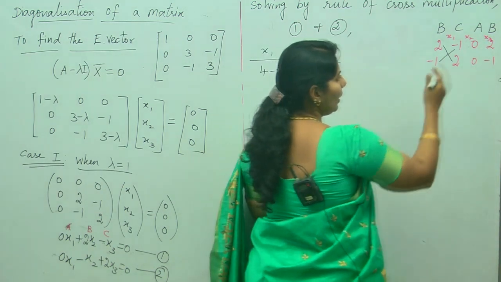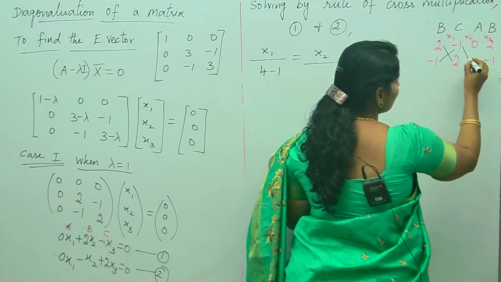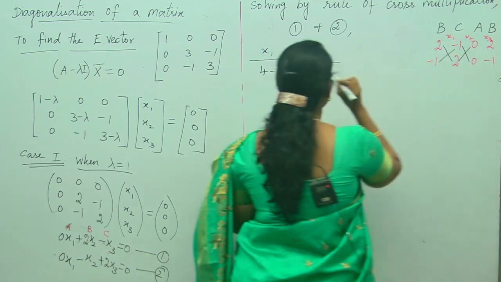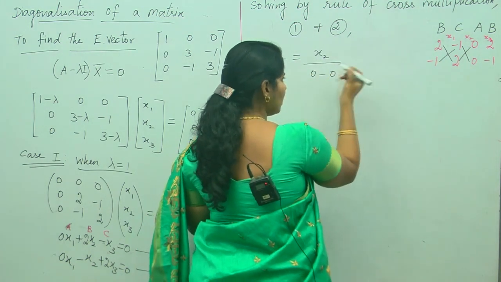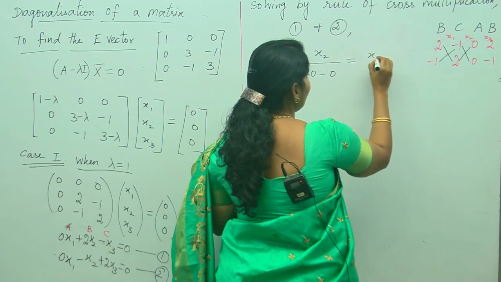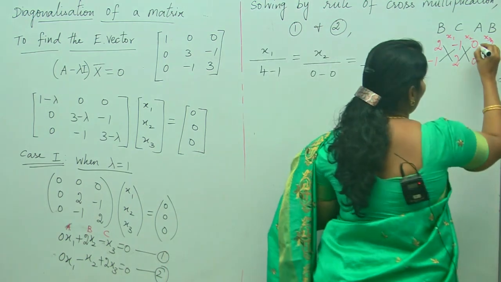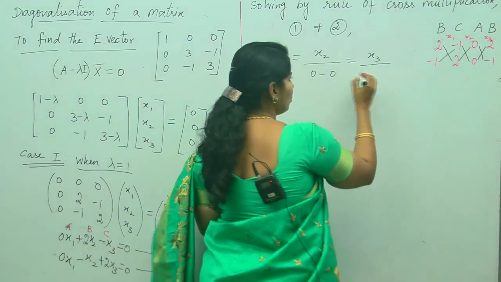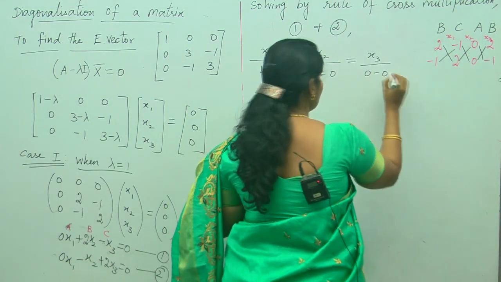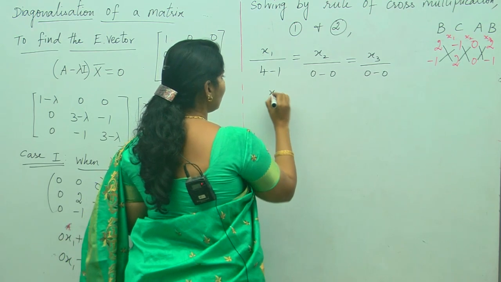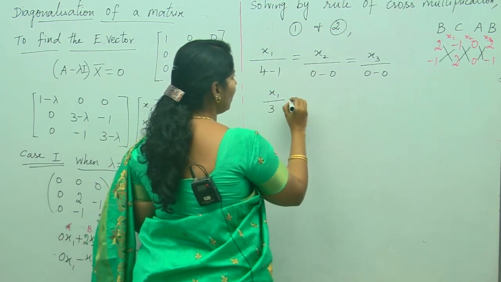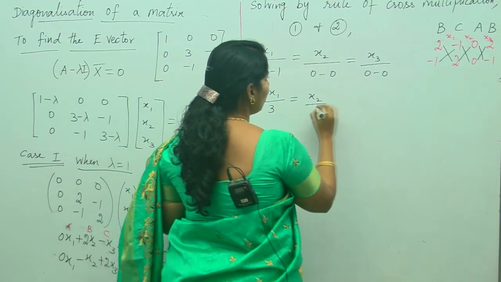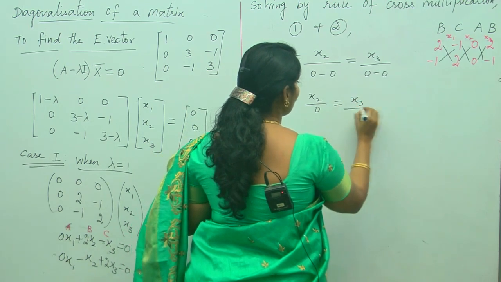Now again x2 divided by minus 1 into 0 minus 2 into 0, which will give you 0 minus 0, and x3 divided by again 0 into -1, 0 into 2. So again 0 minus 0. So what are the values you are getting? x1 divided by 3, x2 by 0 and x3 by 0.